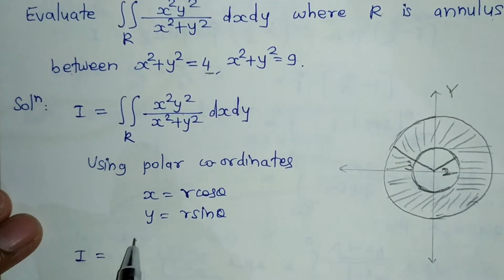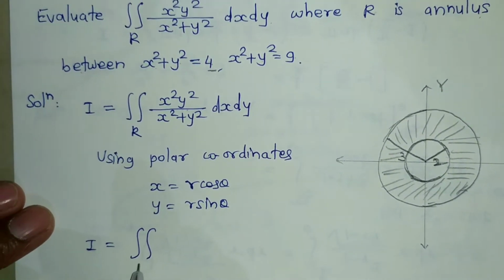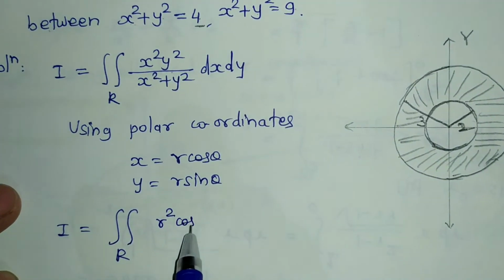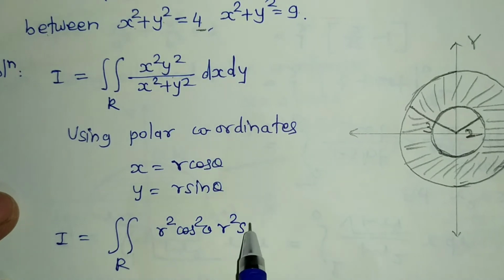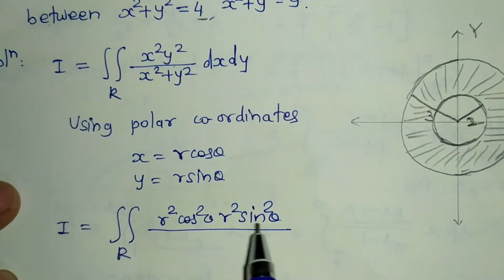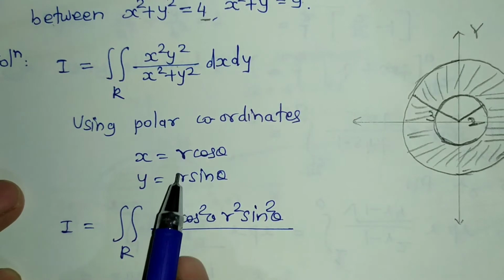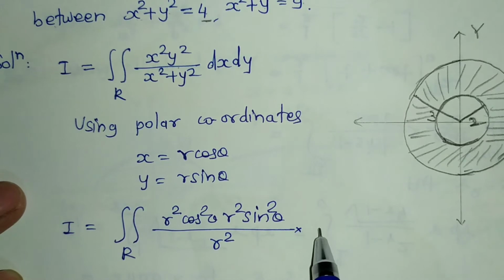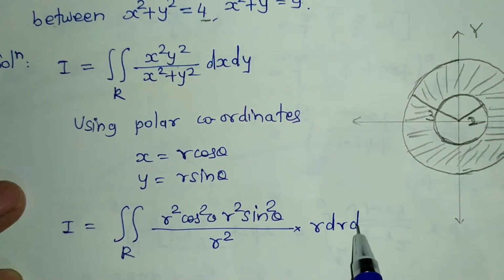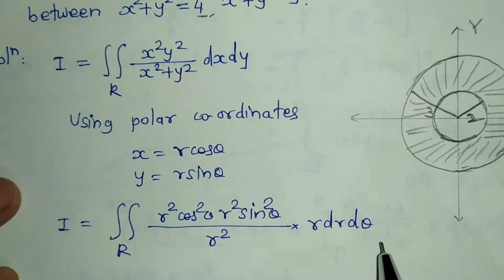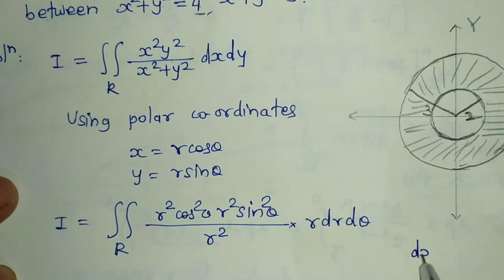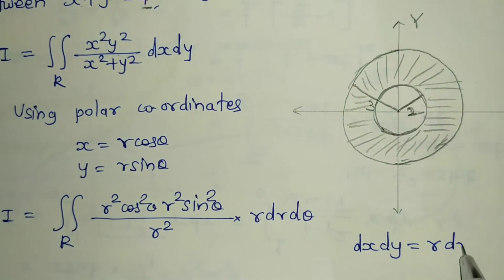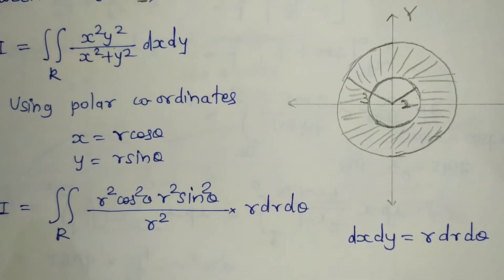Therefore I is equal to the double integral of r squared cos squared theta into r squared sin squared theta upon r squared into the bracket sin squared theta plus cos squared theta. So it is r squared, and dx dy becomes r dr d theta. Remember that r dr d theta is the area element in polar transformations. dx dy is always r dr d theta for polar transformations.